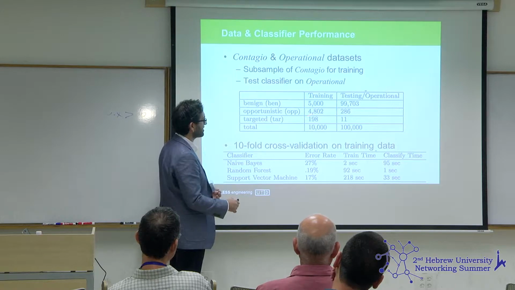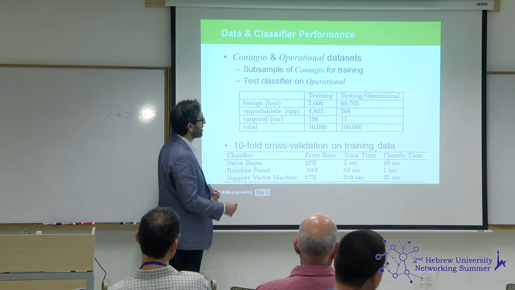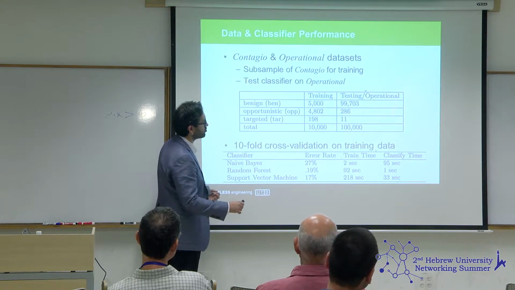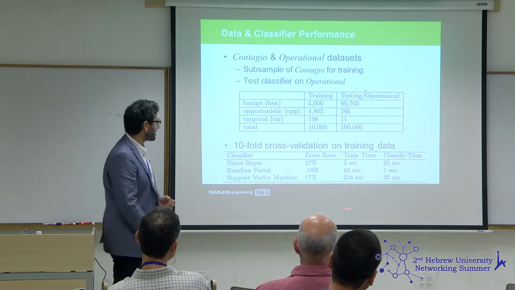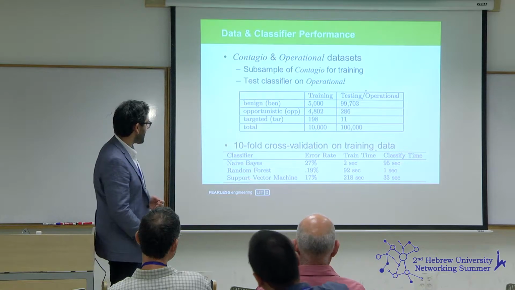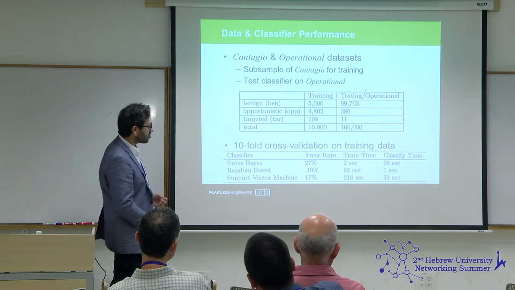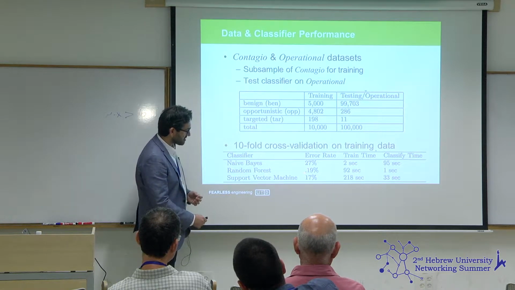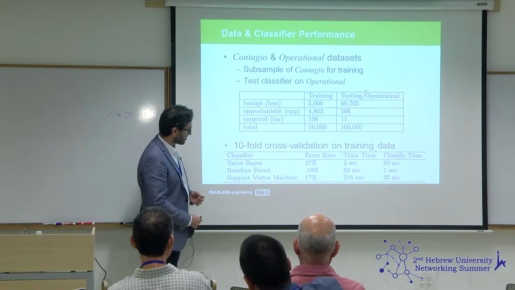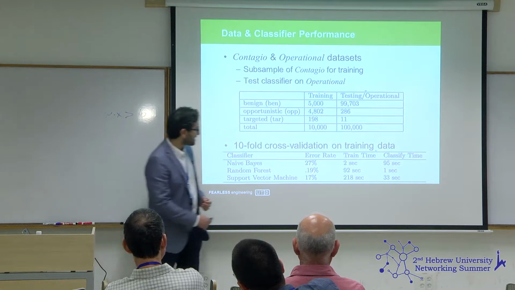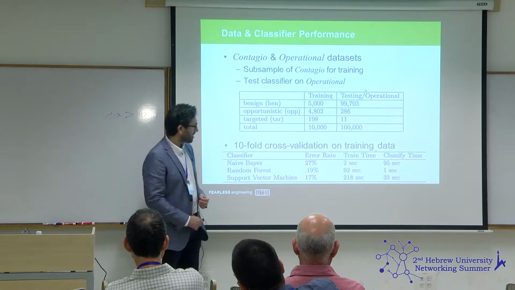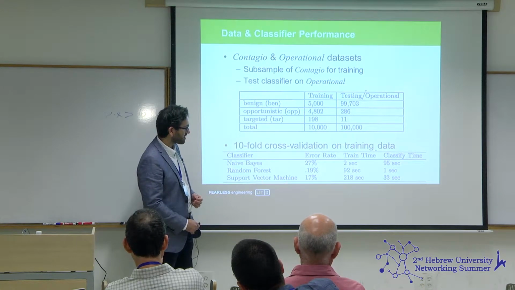They have these targeted ones and opportunistic malware. And then they test on hundreds of thousands of documents. These are the training time and the error rates. And as you look at it, in this scenario random forests work very well for them. The error rate was less than 1%, compared to the support vector machine.